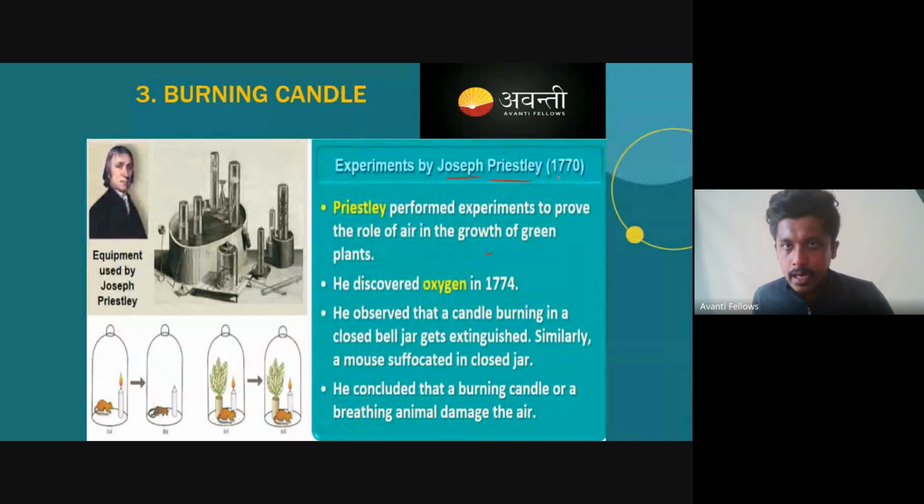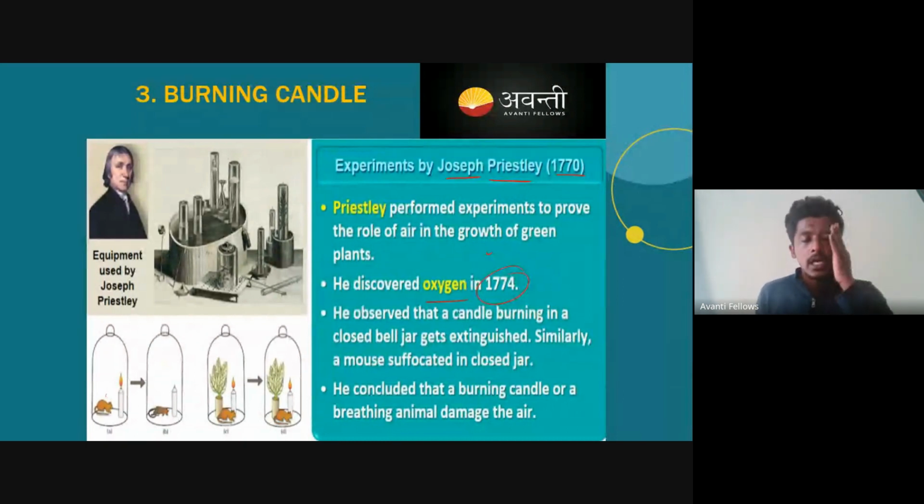What he did was he put a candle in a jar, and he observed that the candle got extinguished after a certain period of time. The same fate befell the mice, which died. Now he understood that when he put the mice and the candle together within a jar, they both died or were extinguished faster.